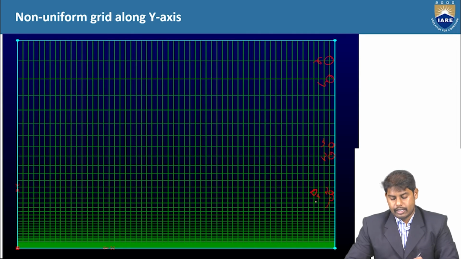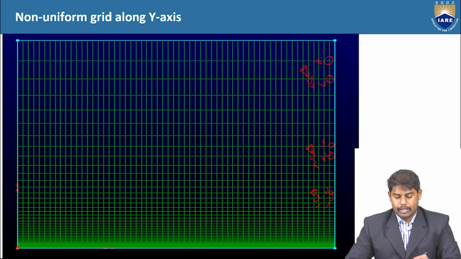Let's take this as delta y1, this as delta y2, and this as delta y3. So the spacing between these is not equal. If you take 1 and 2, 3 and 4, 5 and 6, the successive grid point distances are not at all the same.